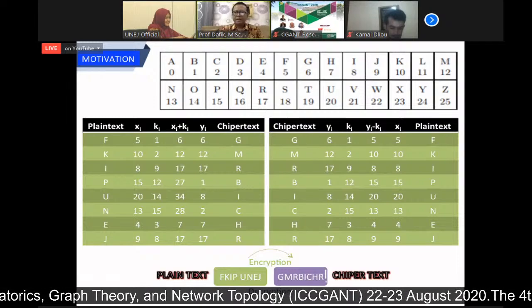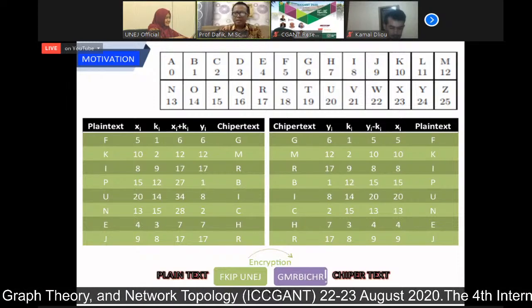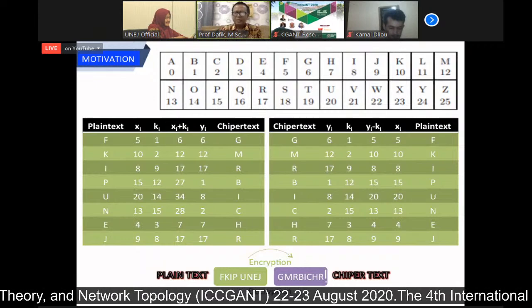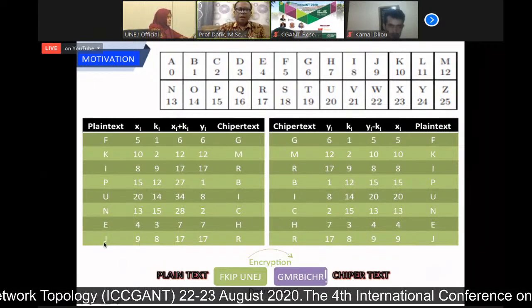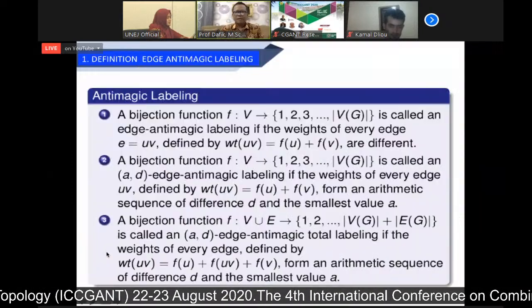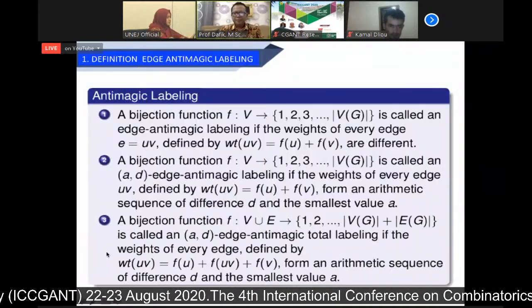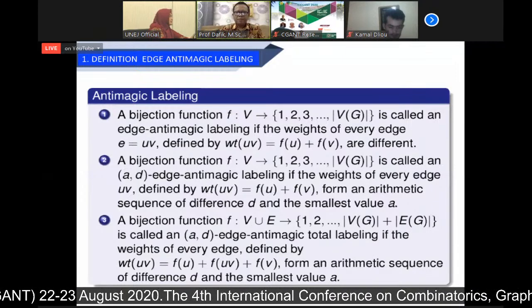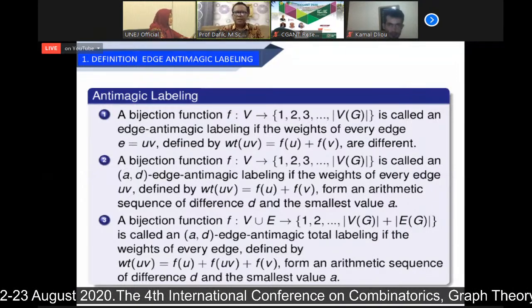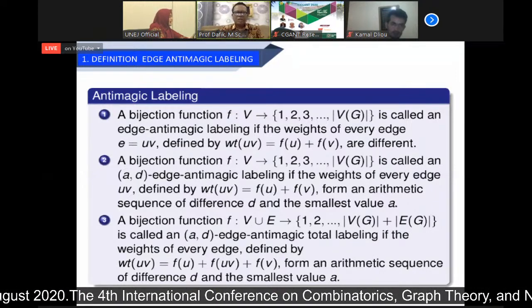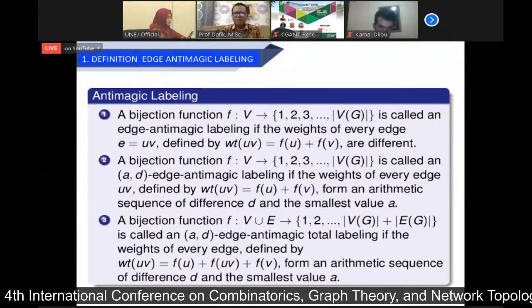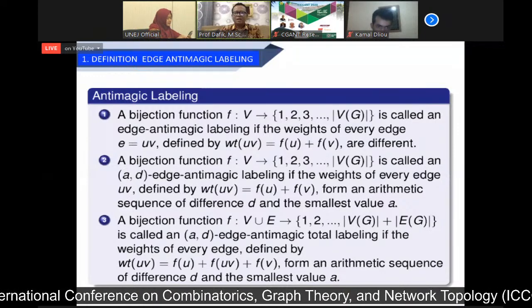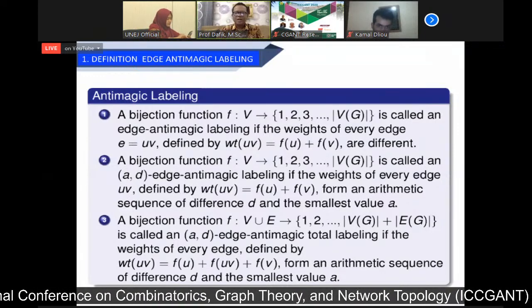You can read this application in the Indonesian Journal of Combinatorics. Now we just flash back to the very old-fashioned labeling, because we have been researching a lot about this kind of study.